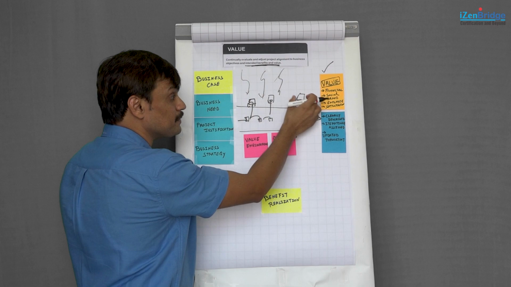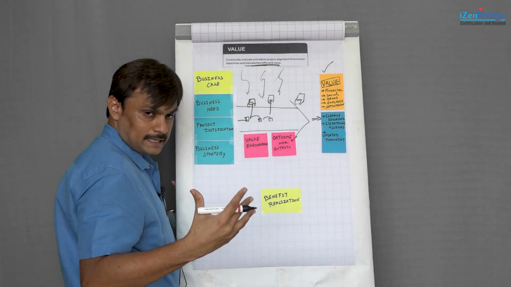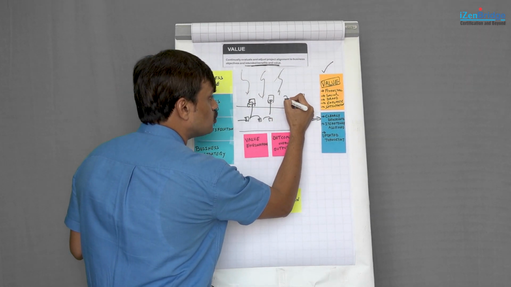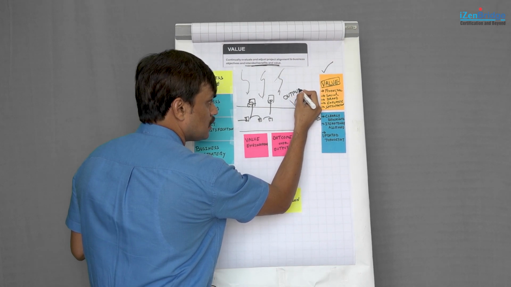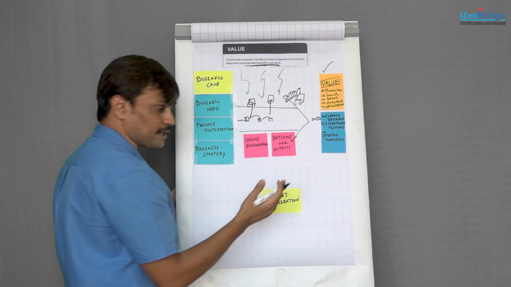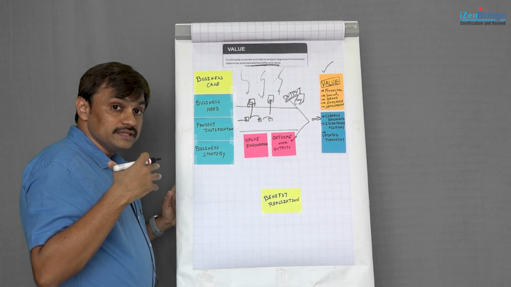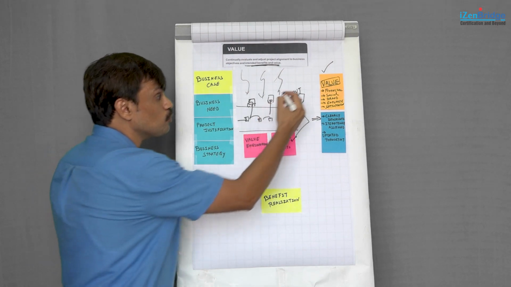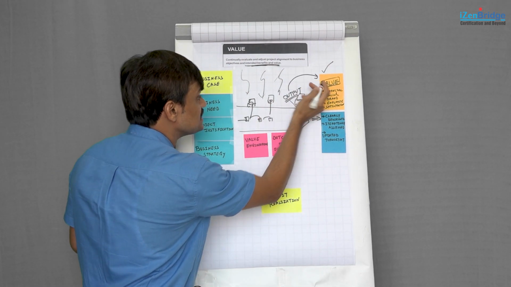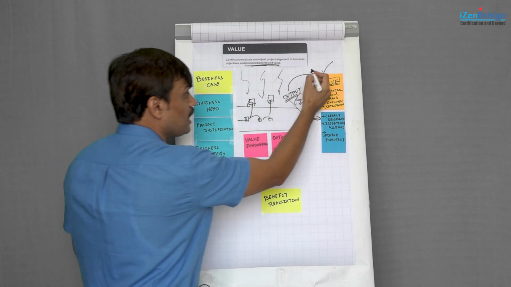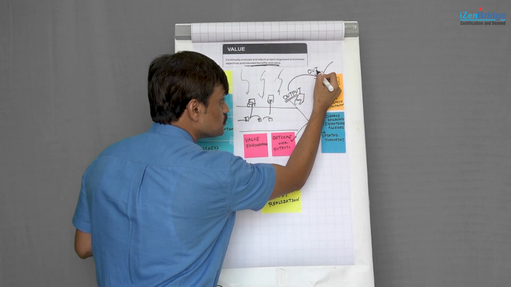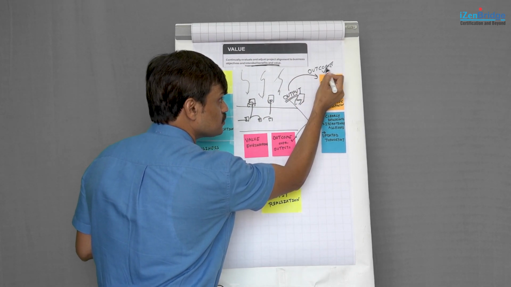But this deliverable becomes our focus area. Deliverables are output. They are important, but they are the means, the tool to produce the value needed for the business. They help us produce the outcome, which is the word we use.